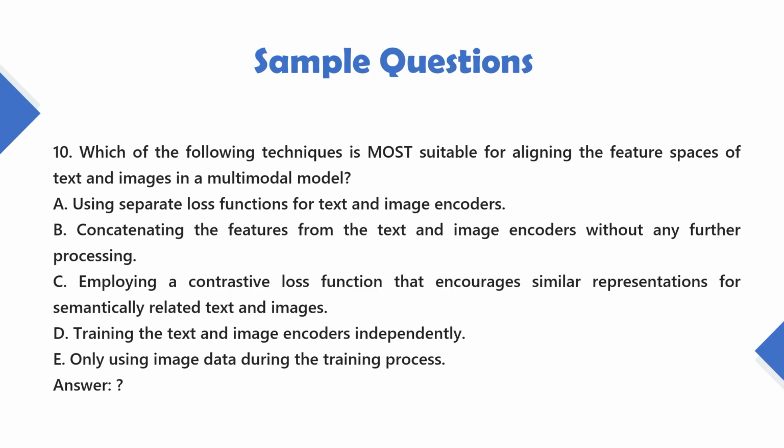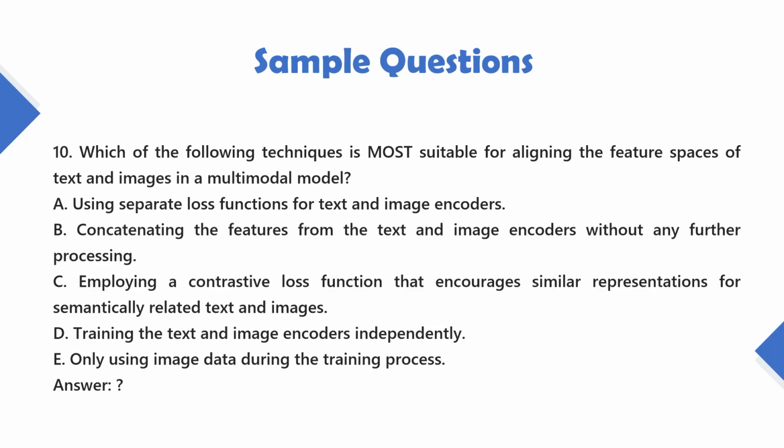10. Which of the following techniques is most suitable for aligning the feature spaces of text and images in a multimodal model? A. Using separate loss functions for text and image encoders. B. Concatenating the features from the text and image encoders without any further processing.